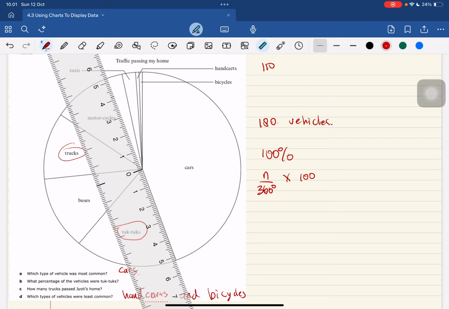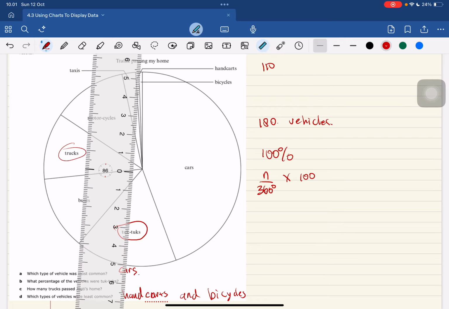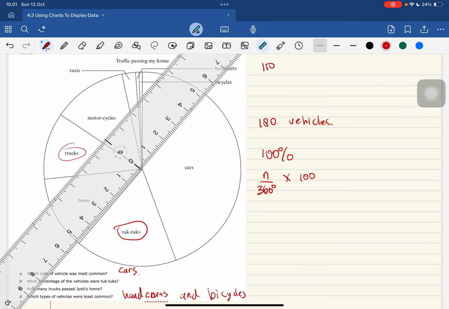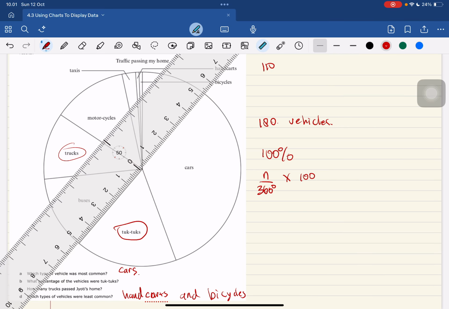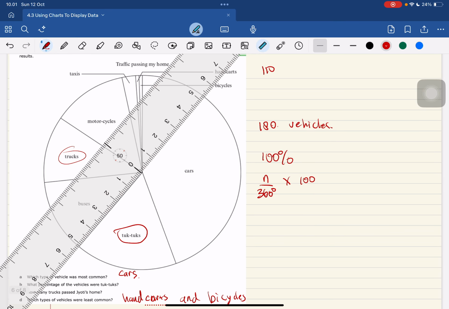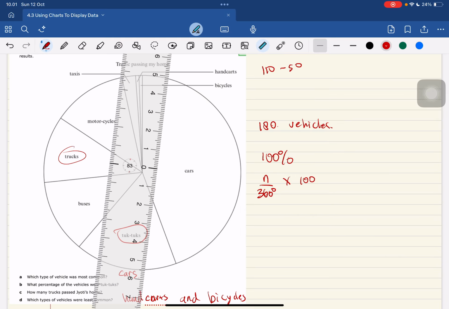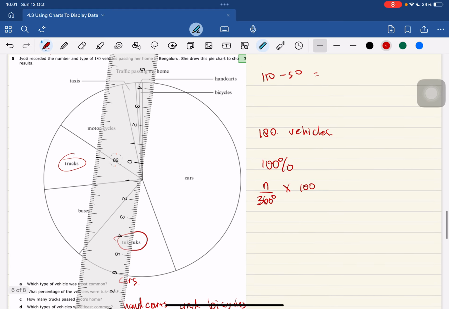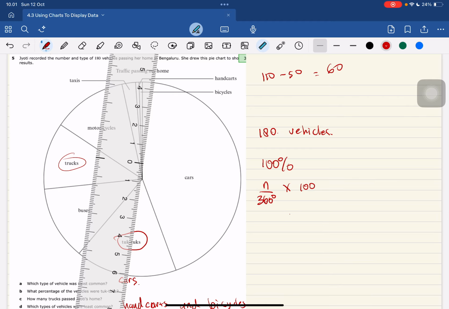Okay, this angle is from 110 to 250. So 250 minus 110, the difference is 60. So we can write it here, 60 over 360 degrees times 100.